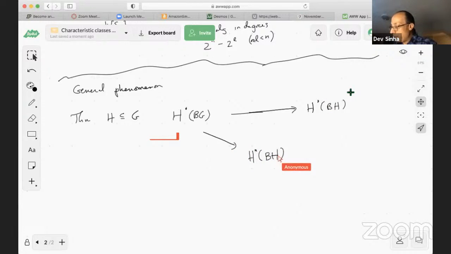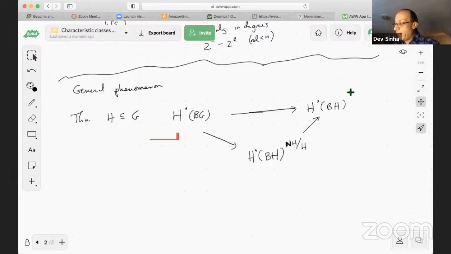There's an action of the normalizer of H. That action is trivial on H, but anyway, there's an action of the normalizer of H on the cohomology of BH, and this factors through.